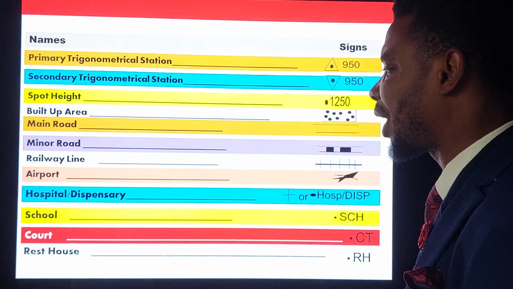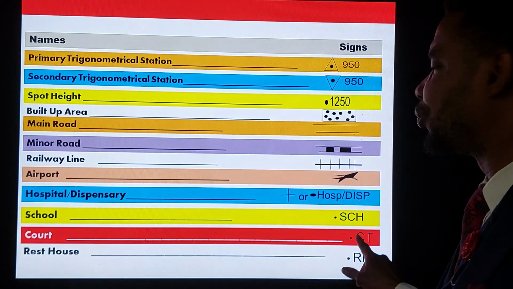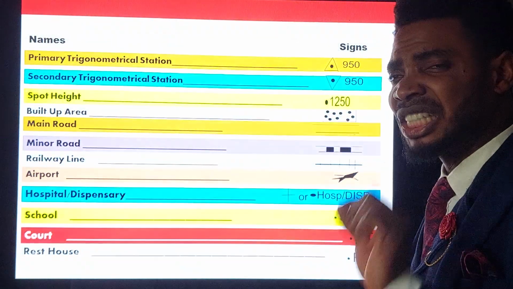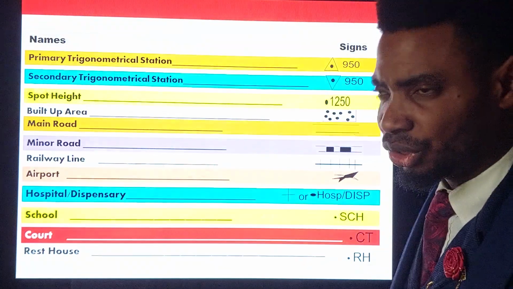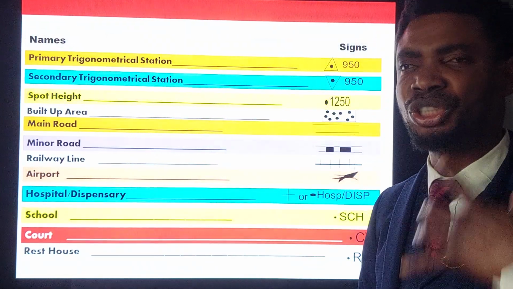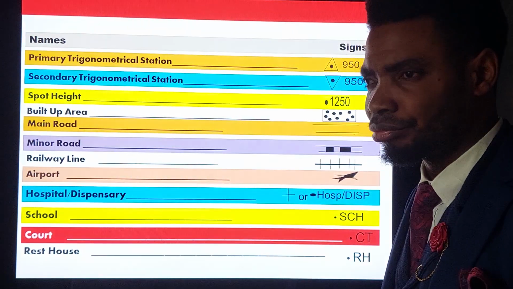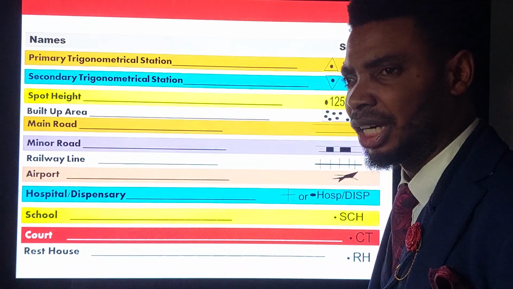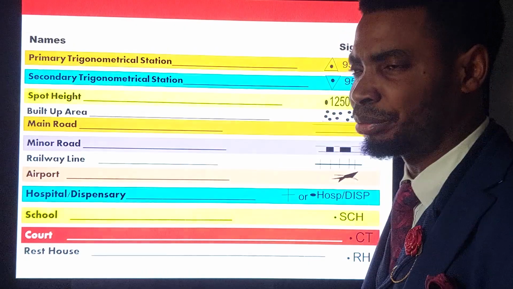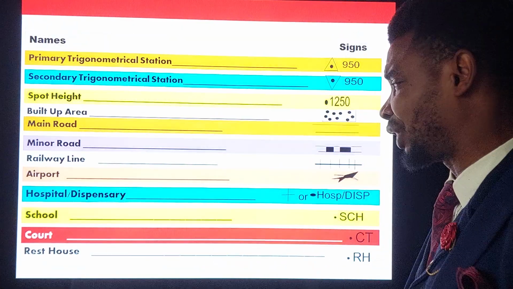Then the next one is court. Usually you see dot and CT. That CT represents court, and that means it's a judiciary building or a judiciary settlement or place or an administrative settlement.